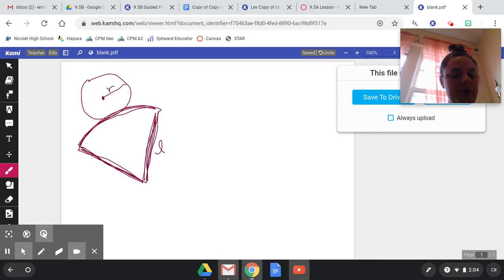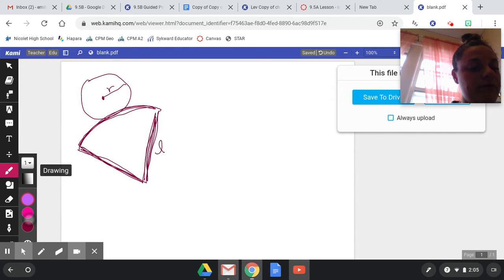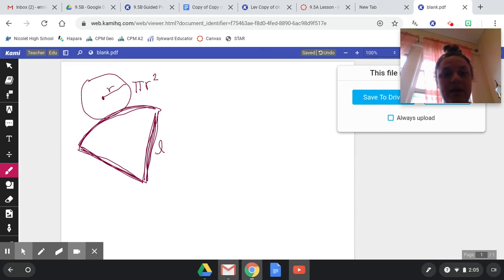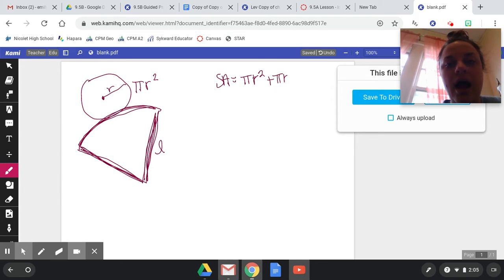So you know that when you are finding the area of a circle, you just use pi r squared. So for my circle up here, I would just be using pi times r squared, and that's fine. That's the first part of my formula, right? Surface area is equal to pi r squared, plus pi r l.